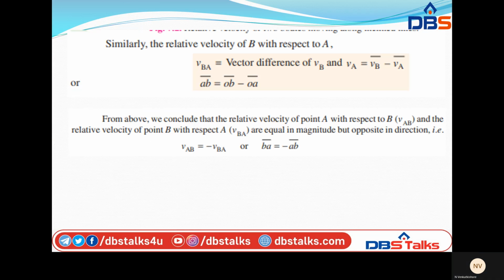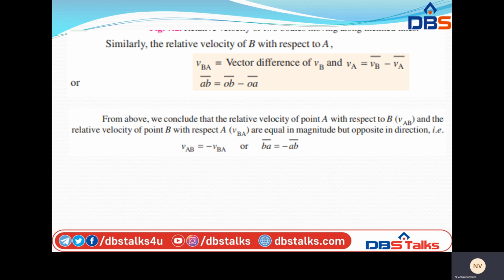Now similarly, what about the relative velocity of B with respect to A? We need to do the same operation with respect to B. So what will be the formula?